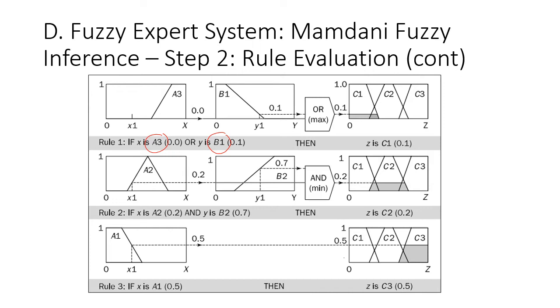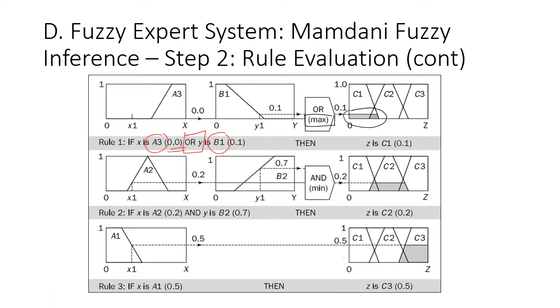Therefore, in rule 1, the A3 value of X is 0, because X doesn't belong in the fuzzy set of A3. And the value of B1 is 0.1, and because this is an OR operation, we need to do a max evaluation. So 0.1 maps to C1, which is low risk, and we get this area.